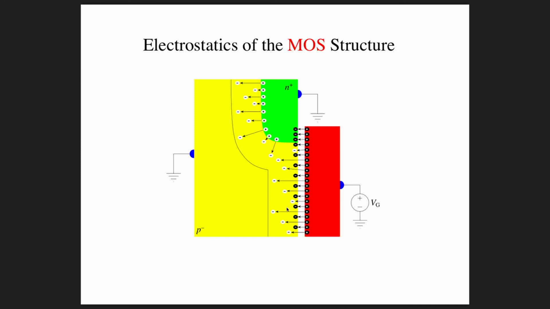And so we have sort of 2 or 3 regions depending on how you want to parse it. We've got subthreshold, which is the gate voltages below threshold, where we're creating the depletion region.